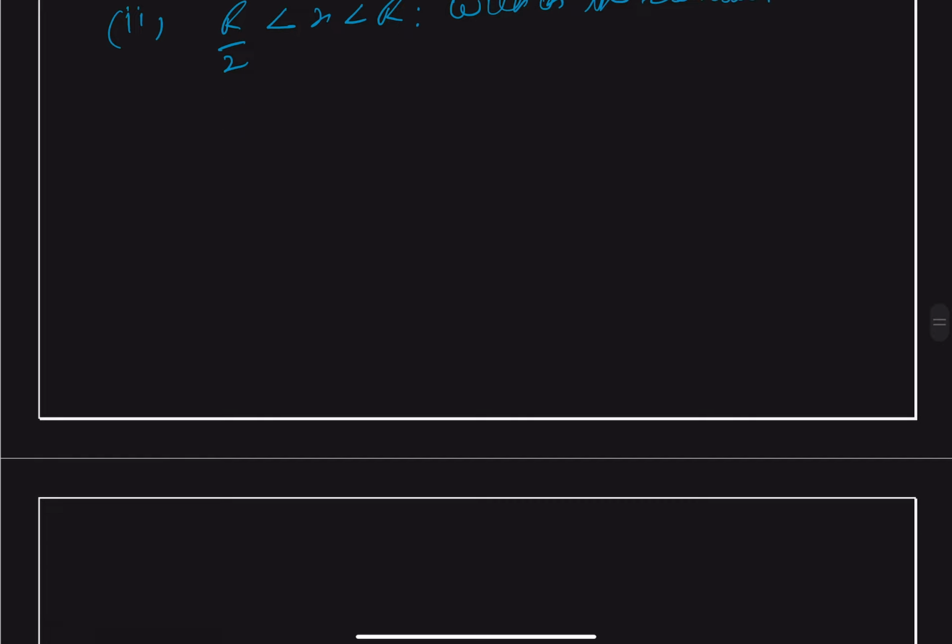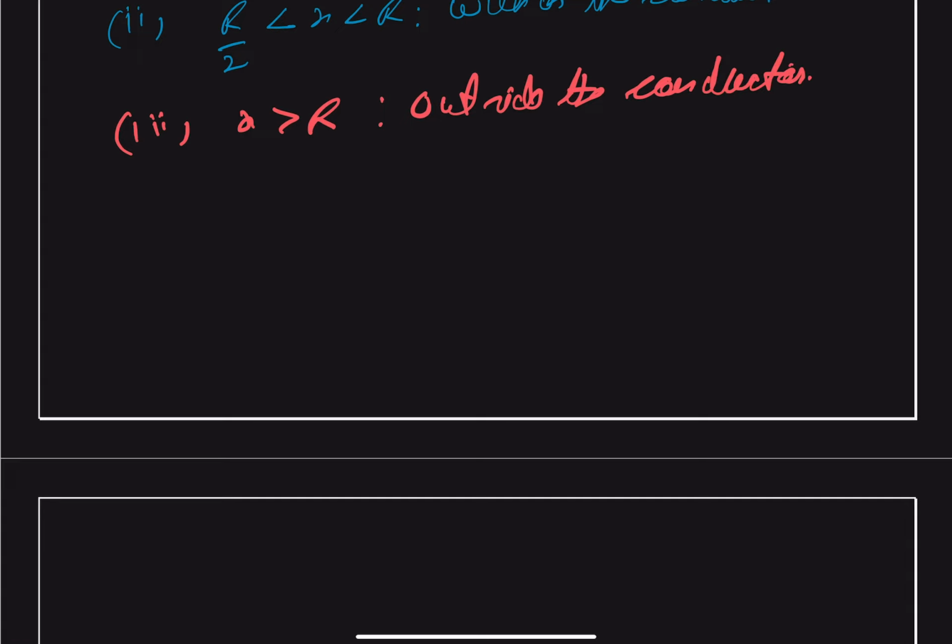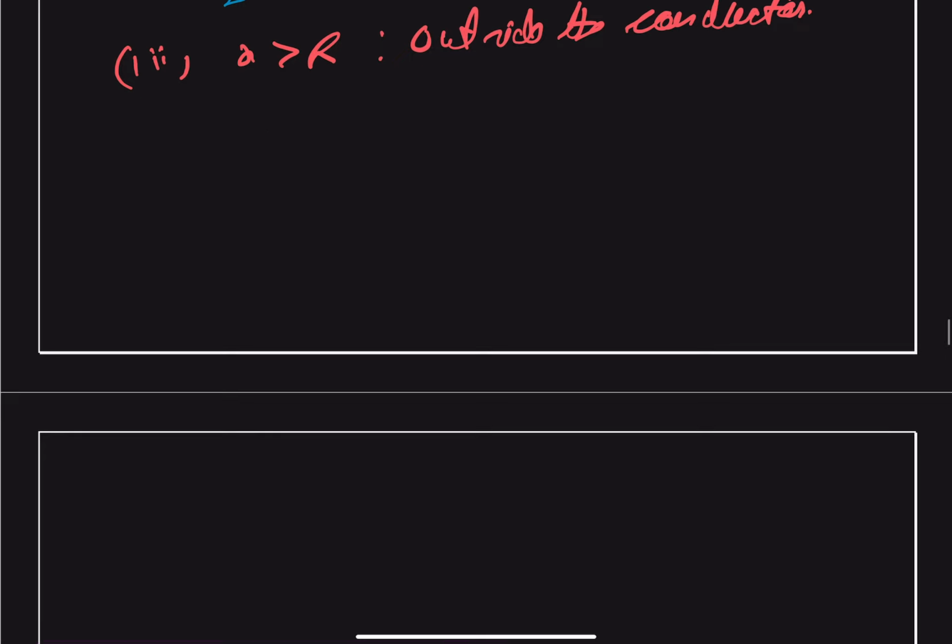And finally, we have our x is greater than r, that is outside the conductor. And we can use Ampere's law in order to solve this.